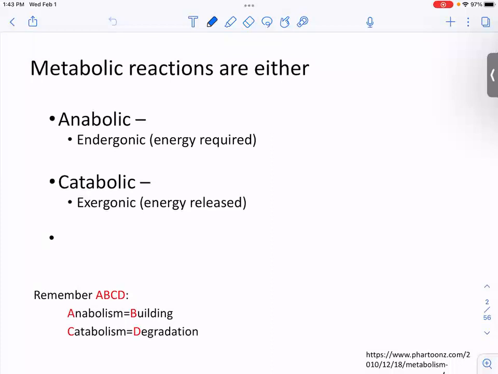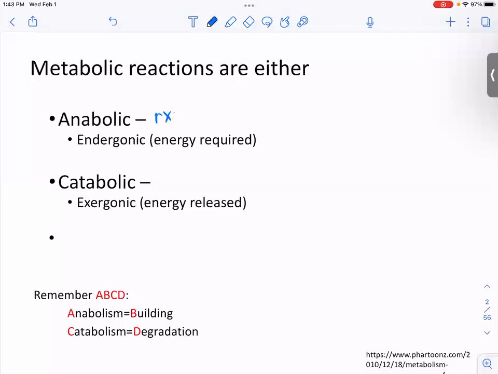Metabolism is just the chemical reactions in a cell that will produce ATP or produce precursor molecules that a cell needs to grow. We talk about those reactions mostly as being either anabolic or catabolic. So an anabolic reaction, hopefully you've heard those terms before.